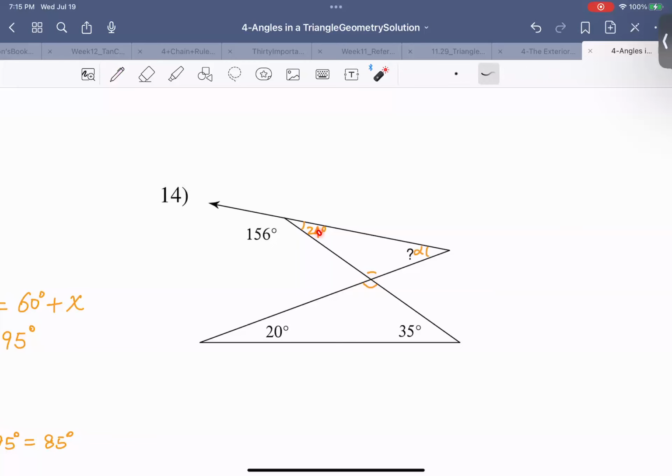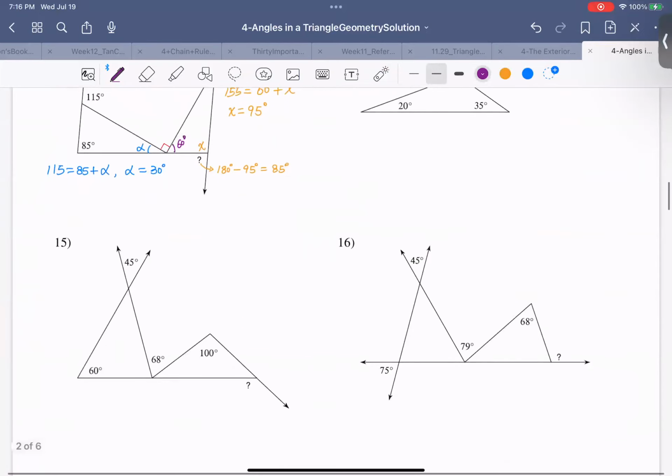So you have this plus equals this plus, correct? Yes. That makes sense? So 24 plus alpha equals 20 plus 35. Good. So alpha equals 55 minus 24, right? Yes. Alpha is 31. Good job. That's it.